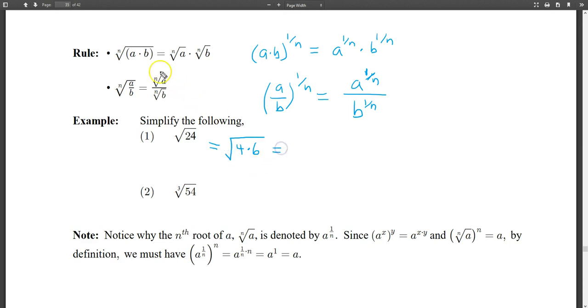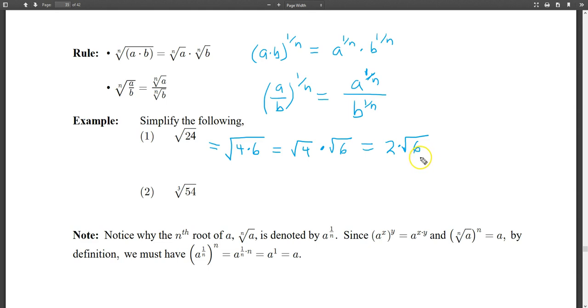And so following this rule up here, this would be the same as the square root of 4 times the square root of 6, and the square root of 4 is 2, so this is going to be 2 times the square root of 6, or 2 root 6. And so there you go. So that's how the square root of 24 simplifies. It's actually 2 root 6.